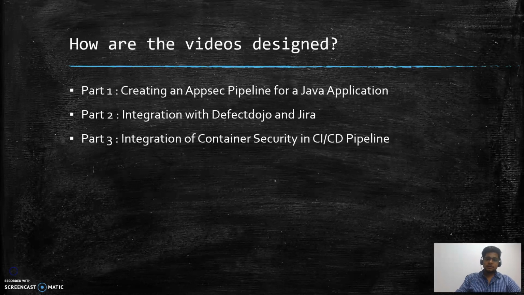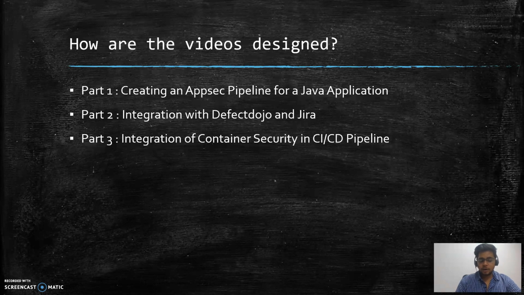One thing is how the videos are designed. I initially thought of making a whole pack of everything I wanted, but due to limitation of time, I'll publish the first part initially, which will be about creating a whole AppSec pipeline of a Java based application.